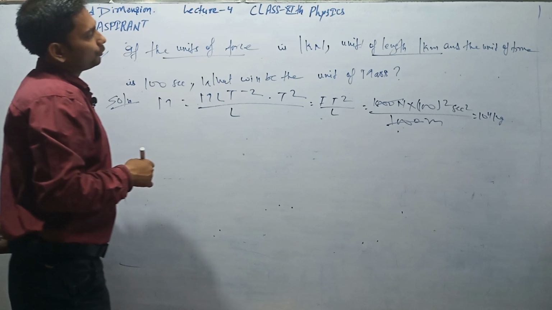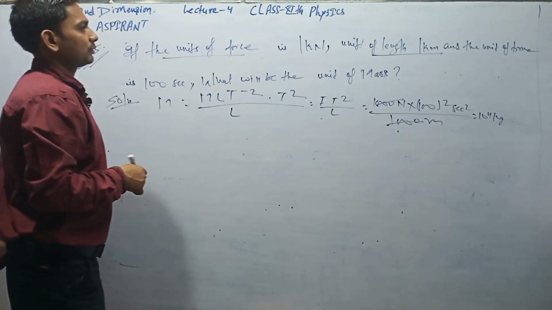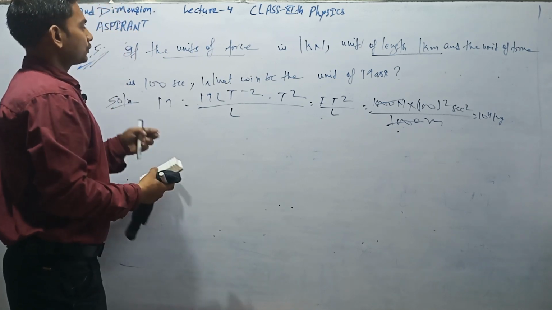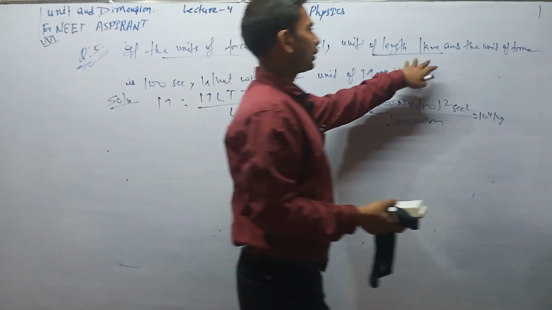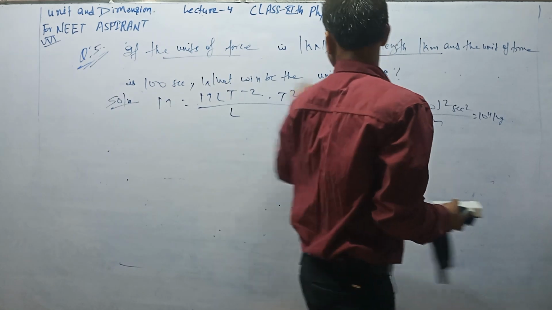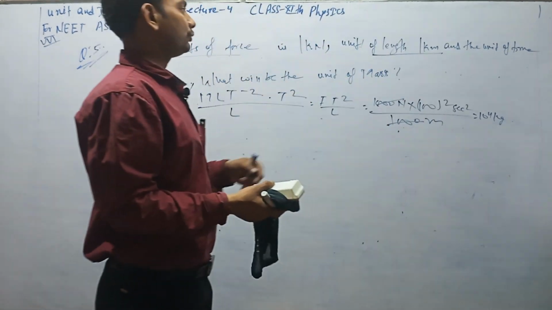In this question, the unit of force is 1 kilonewton, unit of length 1 kilometer, and unit of time 100 second. What will be the unit of mass?